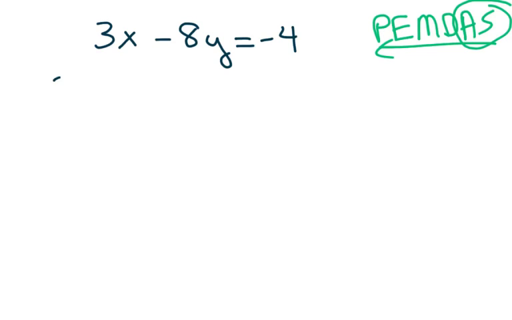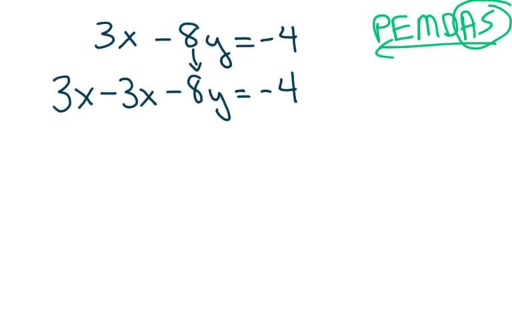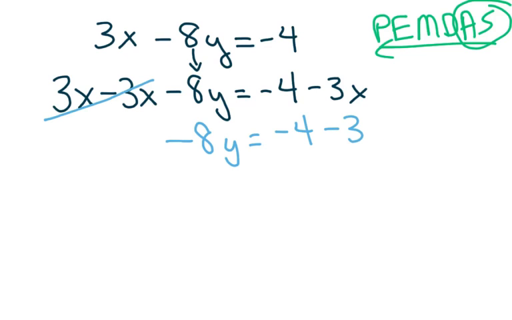So I'm going to rewrite this equation and subtract 3x from both sides. Now, when combining like terms, this cancels out. You have negative 8y equals negative 4 minus 3x.